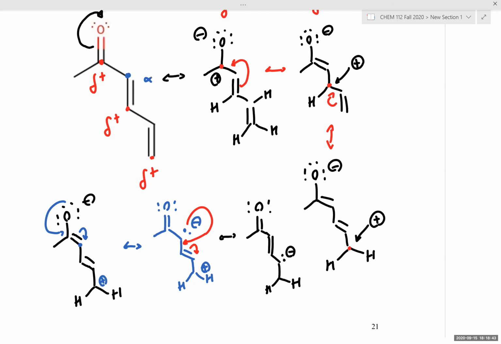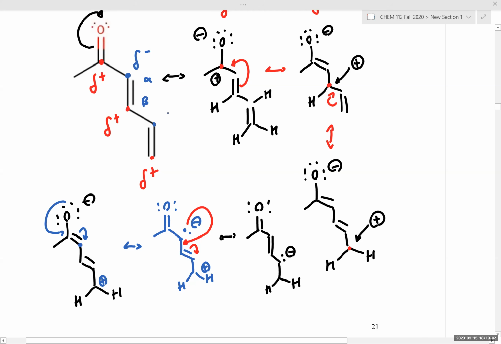Deficient. So what charge do we have on this blue carbon? Oh, sorry. I meant to say rich. Okay, that's okay. Exactly right. It's electron rich because we have a negative charge in one of our resonance structures.